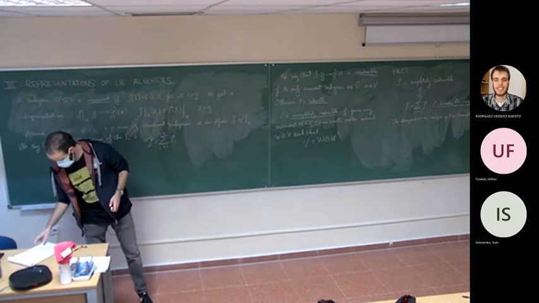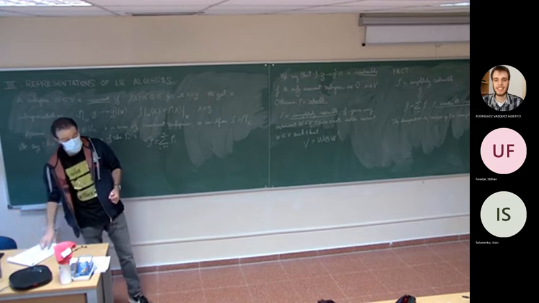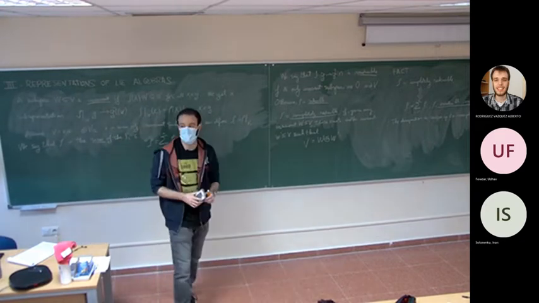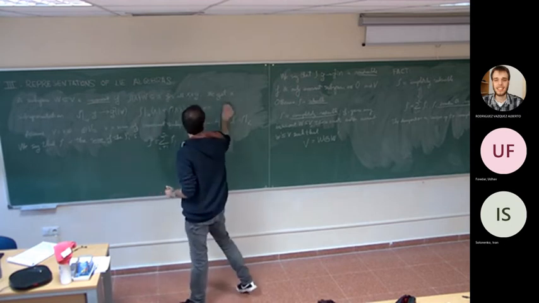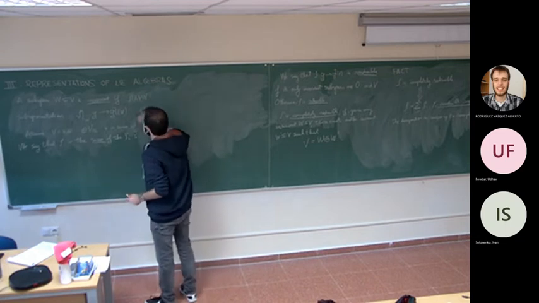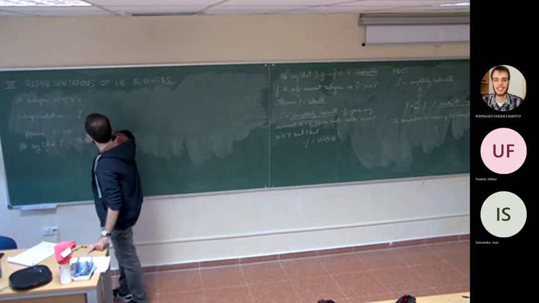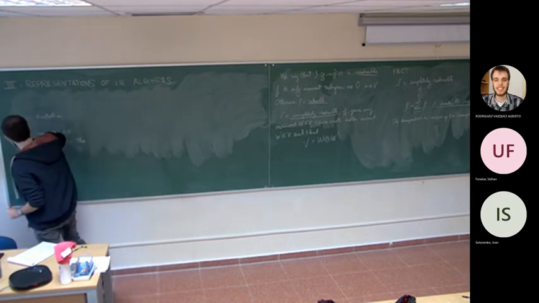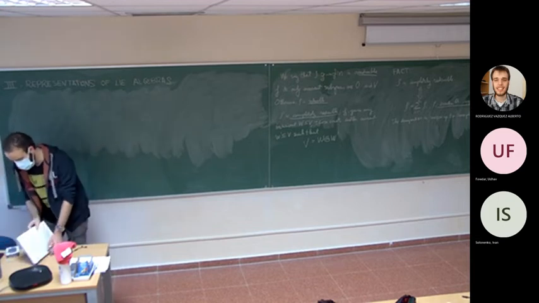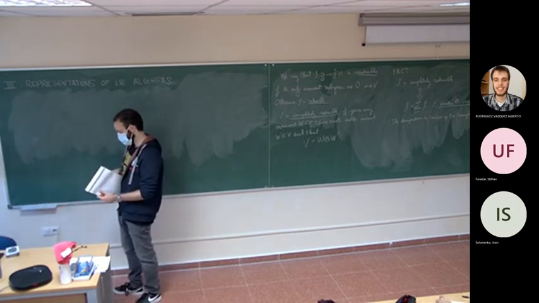Now we're going to talk about the weights of a representation, which are like a generalization of the root systems, and in some ways they behave similarly. And also, before I forget, a small condition that implies complete reducibility is that in the semi-simple case, representations are always completely reducible.